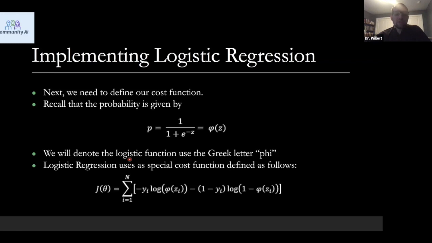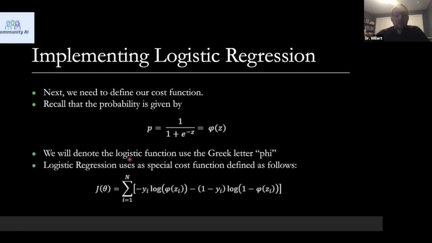Logistic regression uses this special cost function defined below as follows. So J of theta, so remember this is the cost function, which is evaluated at our current approximation to the parameters, is the sum over all points, negative y_i times the log of phi of z_i, minus (1 minus y_i) times the log of 1 minus phi of z_i.